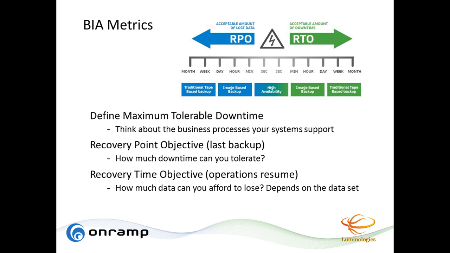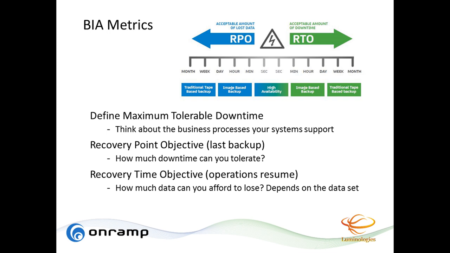RTO is a recovery time objective. This says, how long will it take, once an event occurs, for me to restore that data and bring my business systems fully back online again, or at least those systems that I've deemed critical.